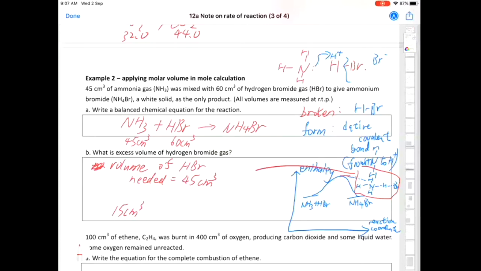So in this case, because their mole ratio is 1:1, it means that the volume ratio of them to react is also 1:1.